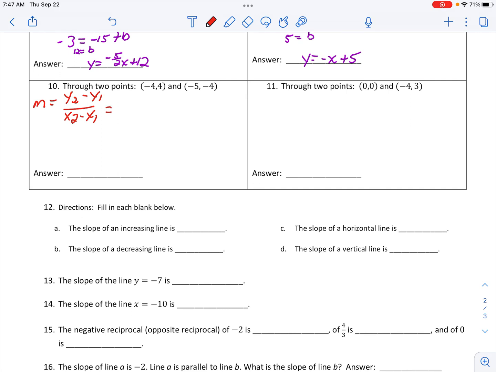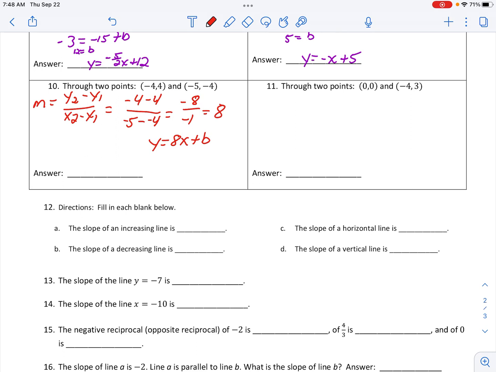So when you go about calculating this, all I can say is watch your negatives, okay? So I'm doing negative 4 minus 4, negative 5 minus negative 4 gives me negative 8 over a negative 1. Two negatives make a positive. All right, so I have a slope of 8 starting off, and then I got to plug in one of those points.